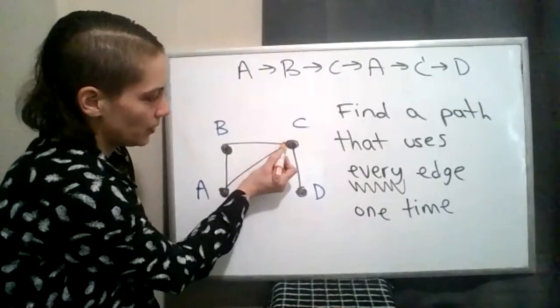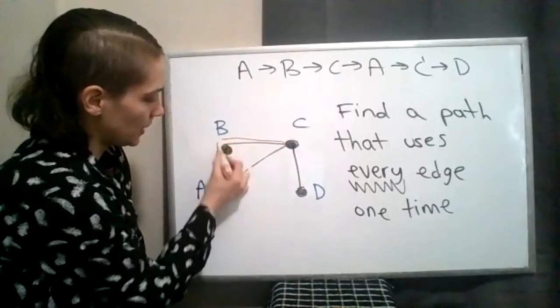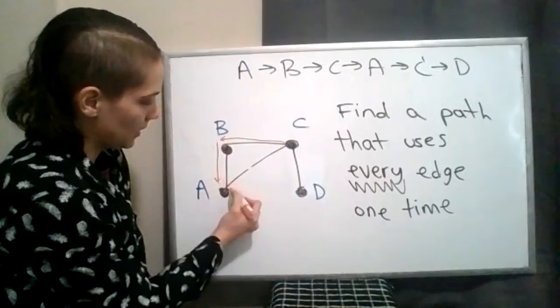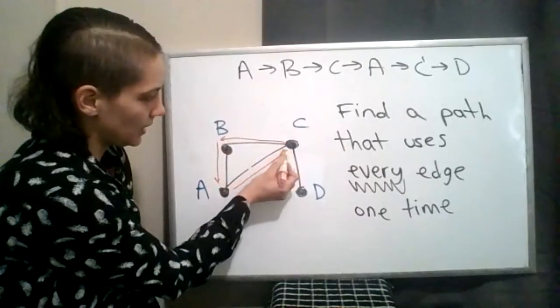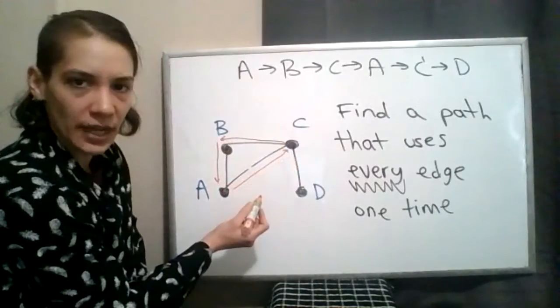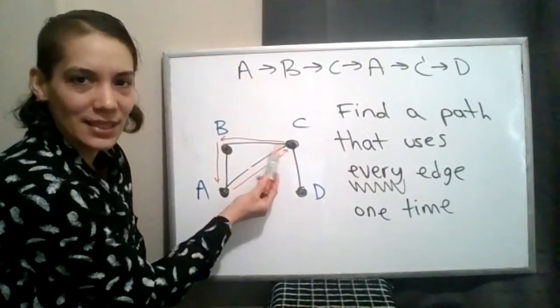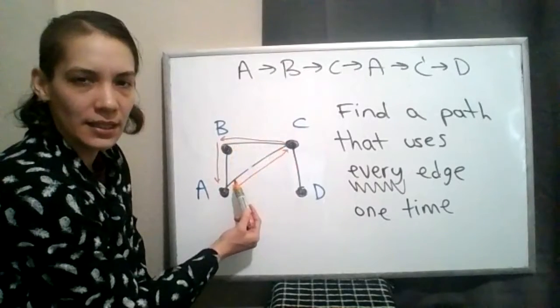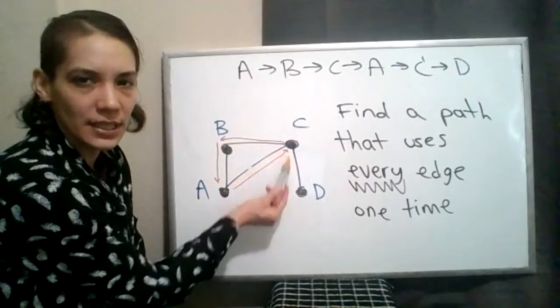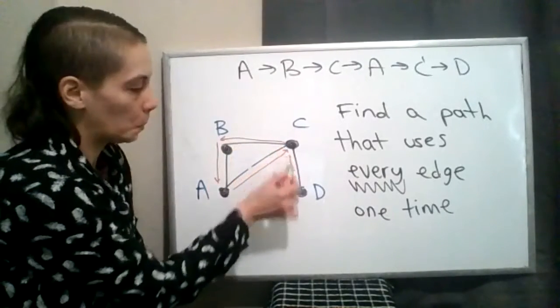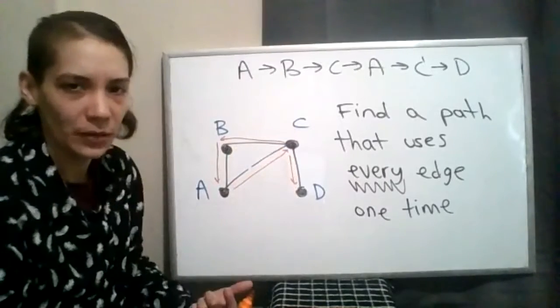So I could go from C to B, B to A to C. Oh, actually, that seemed to work out. I was able to go C, B, A, C, down to D. Okay, found one that worked.